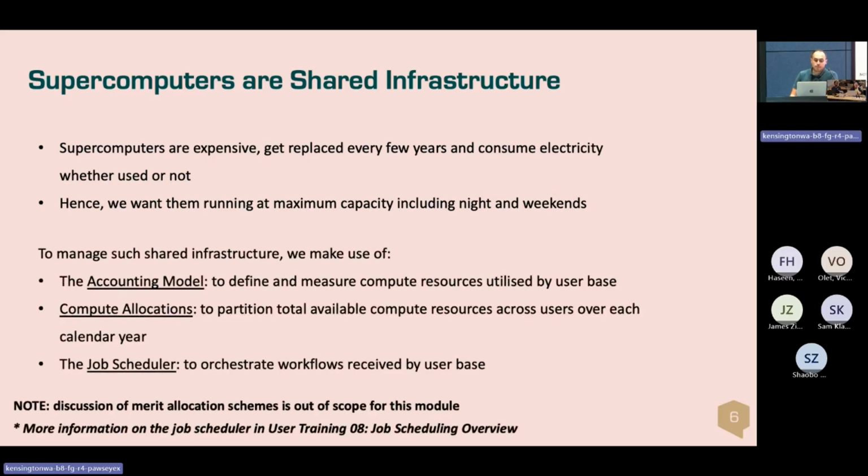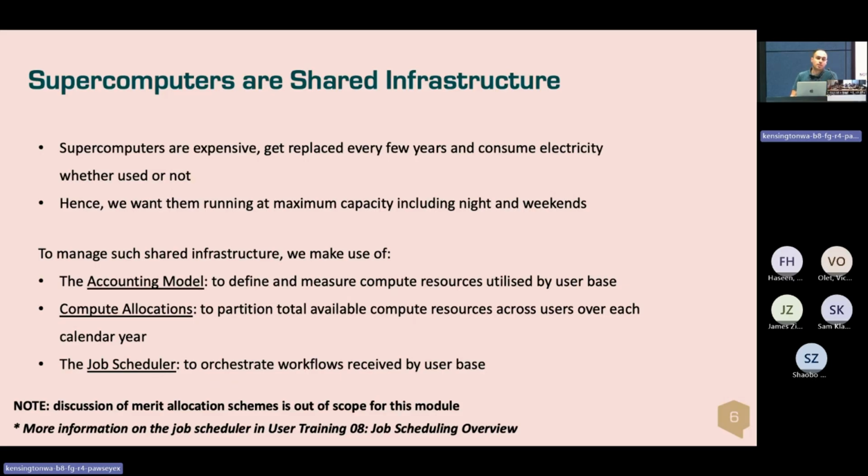There are three aspects we can control to make that happen. The accounting model defines and measures how compute resources are utilized by users. The compute allocation is a way of partitioning the total amount of available compute resources across projects every year.